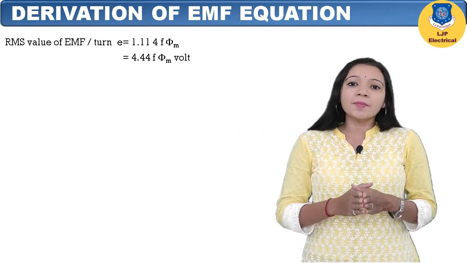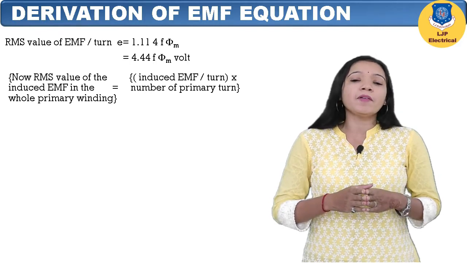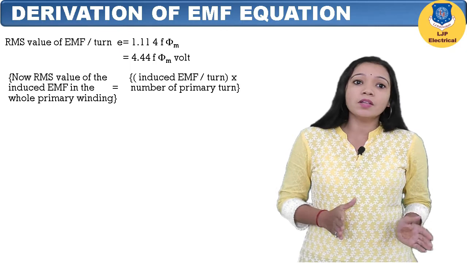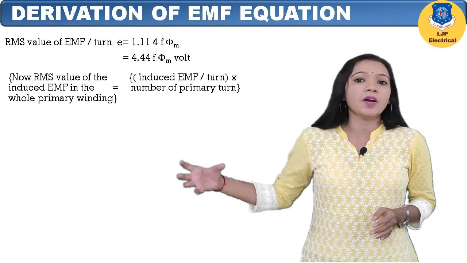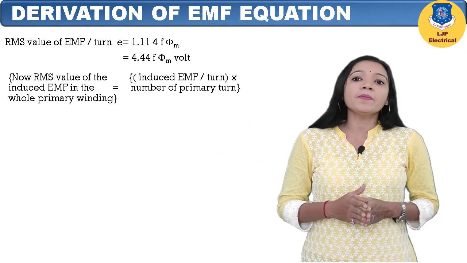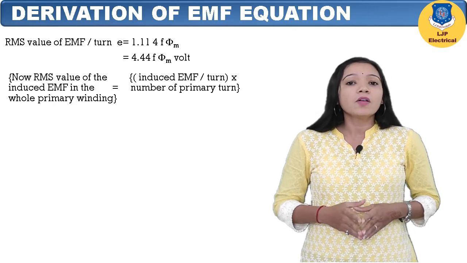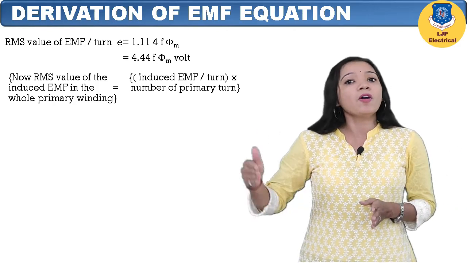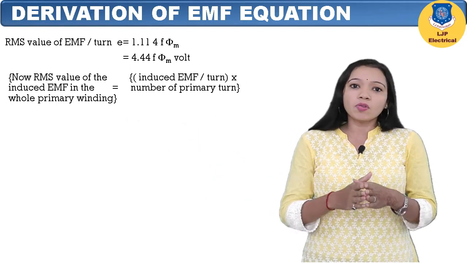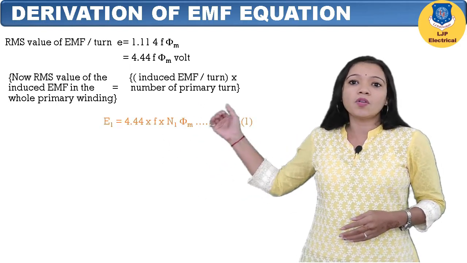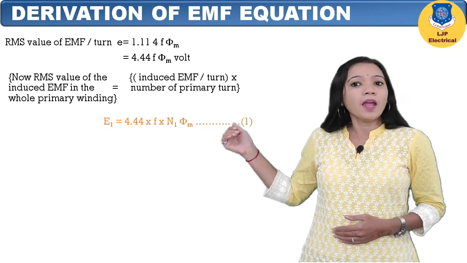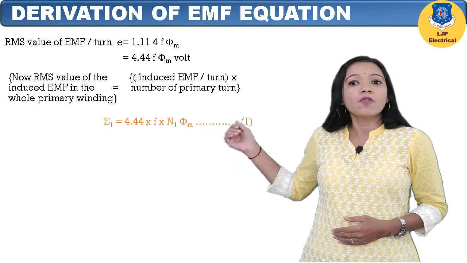Now RMS value of the induced EMF in the whole primary winding. So we have now considered the number of turns in primary winding. So we will multiply the EMF equation with the number of primary turns. So the equation will become E1 is equal to 4.44 multiplied by f N1 and phi m.